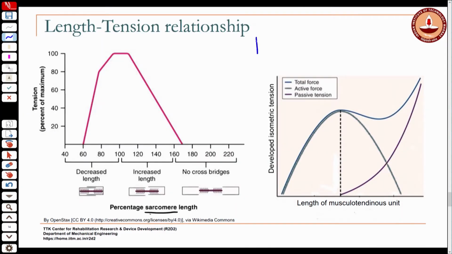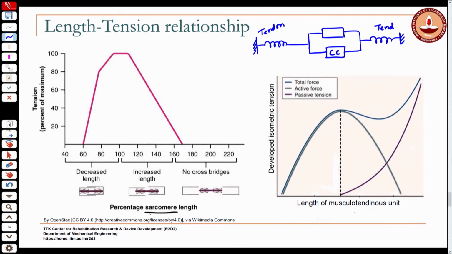total muscle, using the Hill's model, you have the tendon on either side, which is the series elastic component.